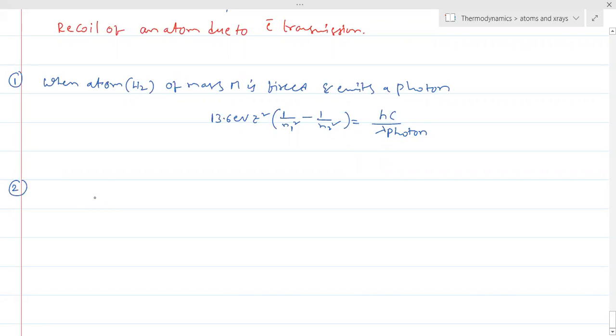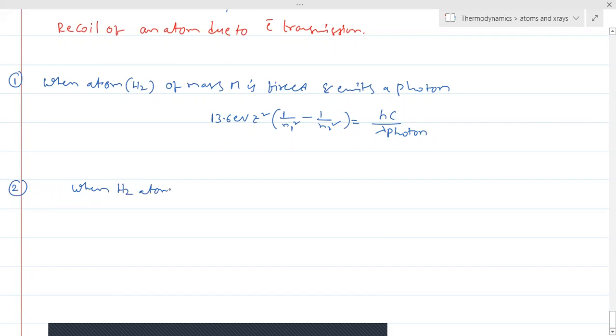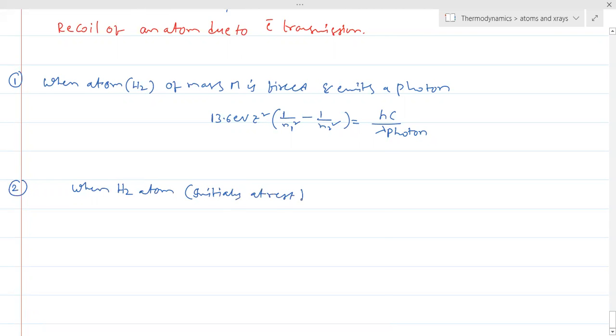To understand that, we discuss the previous case also. For example, take a hydrogen atom initially at rest. Now it is free to move.